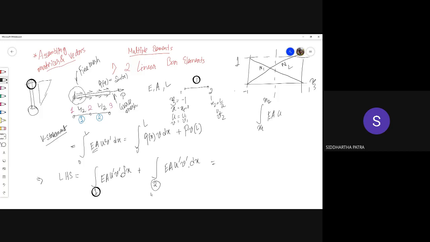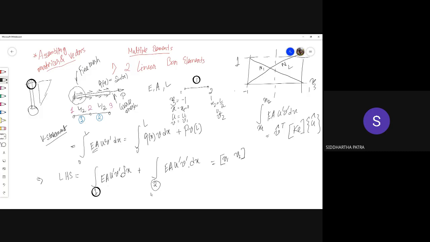So if I'm doing this, we knew to write it like this: V hat transpose, then the element stiffness matrix, then U hat. So for the first term, this V hat transpose would look like this: V1, V2, then the element stiffness matrix.